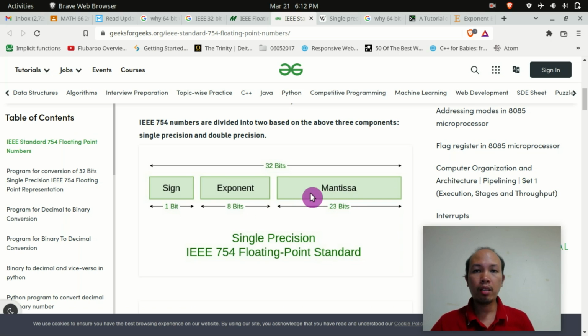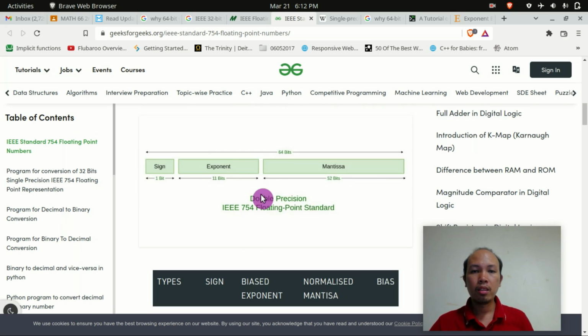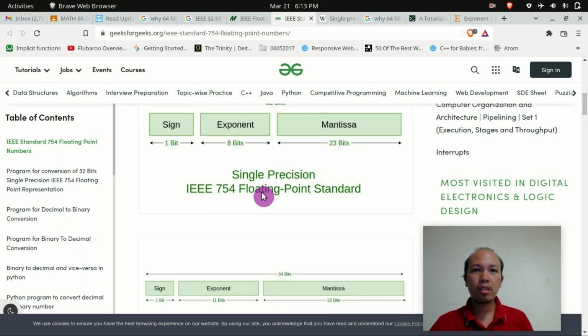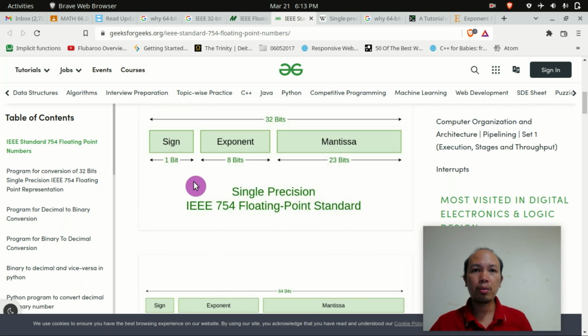So all in all, 23 plus 8 plus 1, we have 32 bits. This is the 64-bit. I already discussed this figure. So 52 for the mantissa, 11 for the exponent, and 1 for the sign bit. This is how we are going to differentiate between 32 and 64-bit.